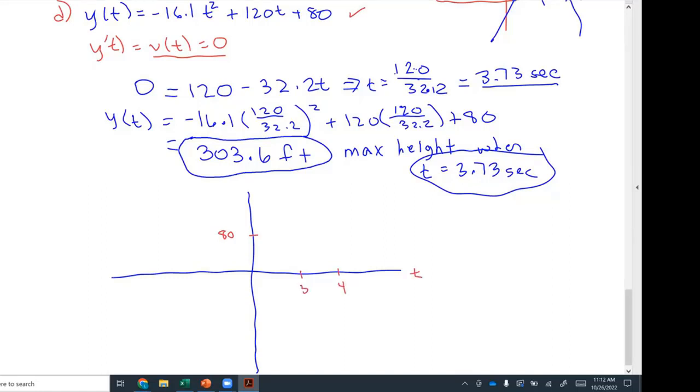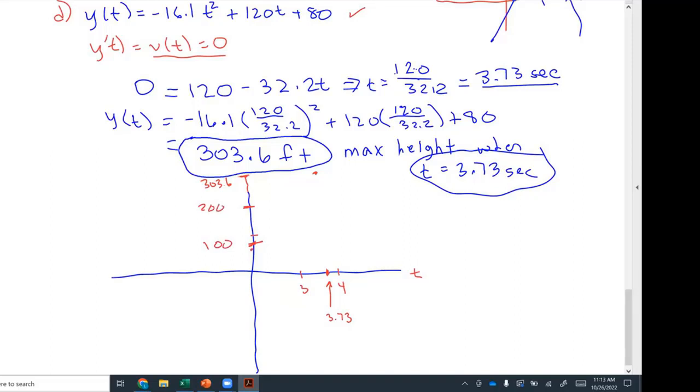So we'll call this 3.73 seconds. And we know at that point, I know this is not to scale, but too bad. This is 303.6 feet. Here, let's say it's 100, 200, and then 300.